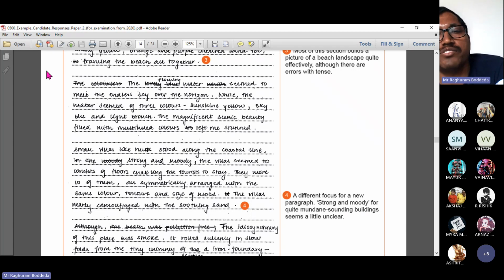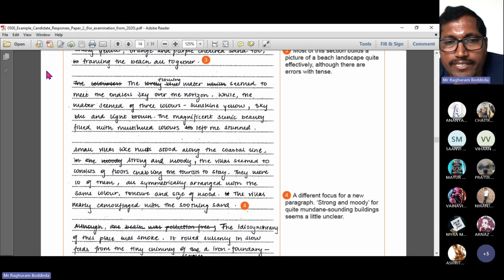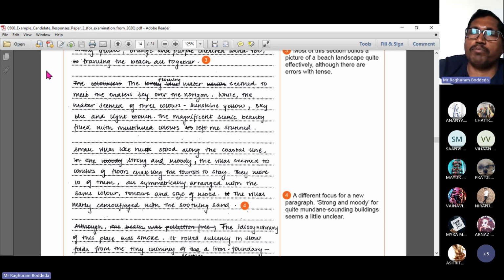Now you tell me what additional detail this adds to the previous paragraph. He's mentioning how the water seemed to look. Mostly sensory elements from the top, like the sky, in addition to the ground elements, sand and beach, mentioned in the previous paragraphs.